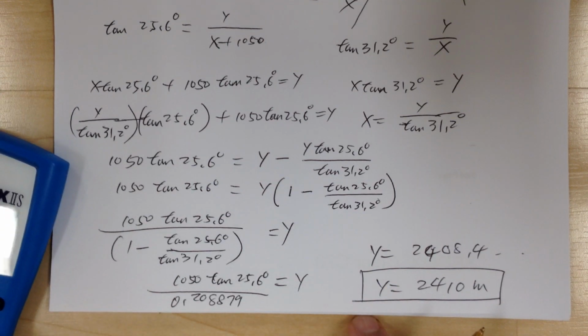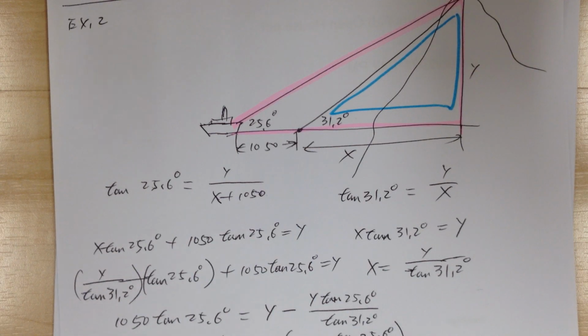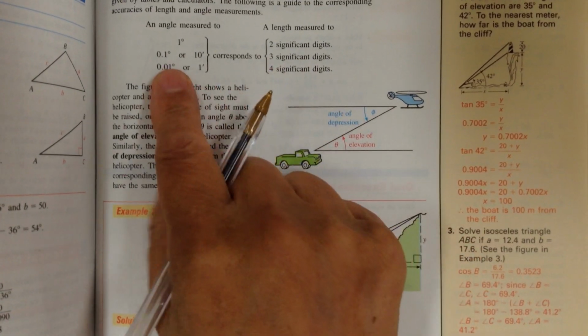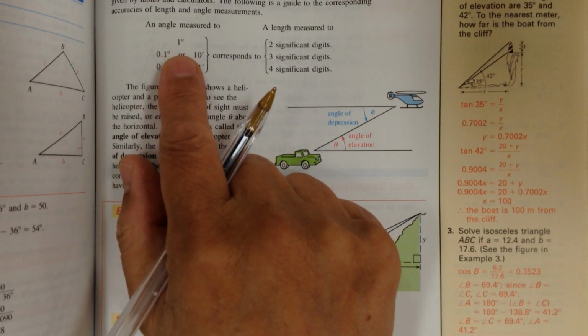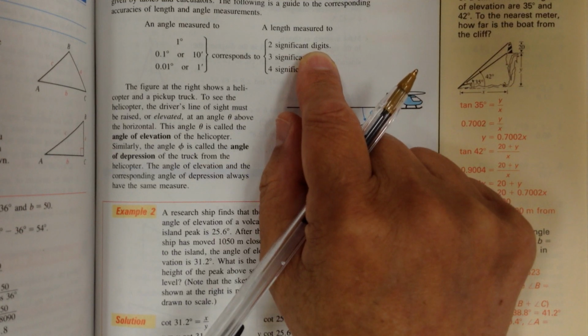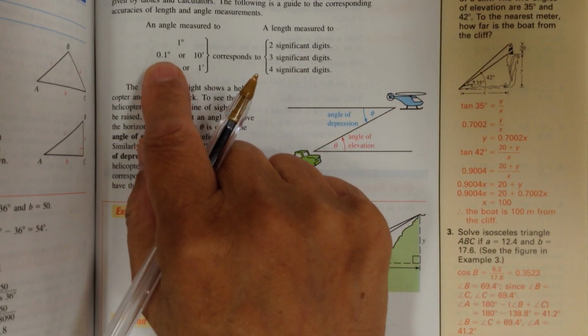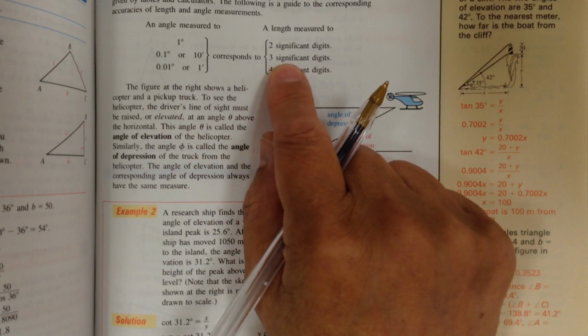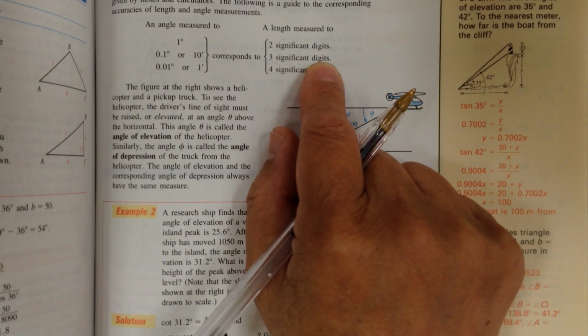The rule of thumb is, if you look on this page over here: if the given is to the nearest degree, your final answer should be 2 significant digits. If the given is 0.1 degree or 10 minutes, then your answer should be about 3 significant digits.